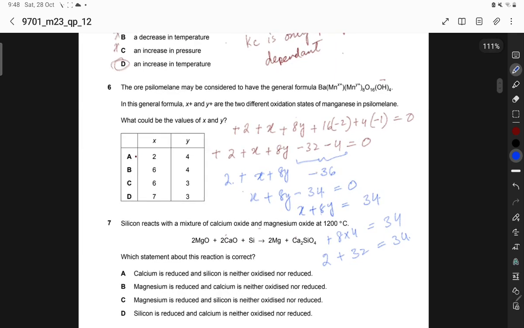So we can predict that plus 4 would be at MnY, and plus 2 would be Mn. So options 2 and 4 are correct.